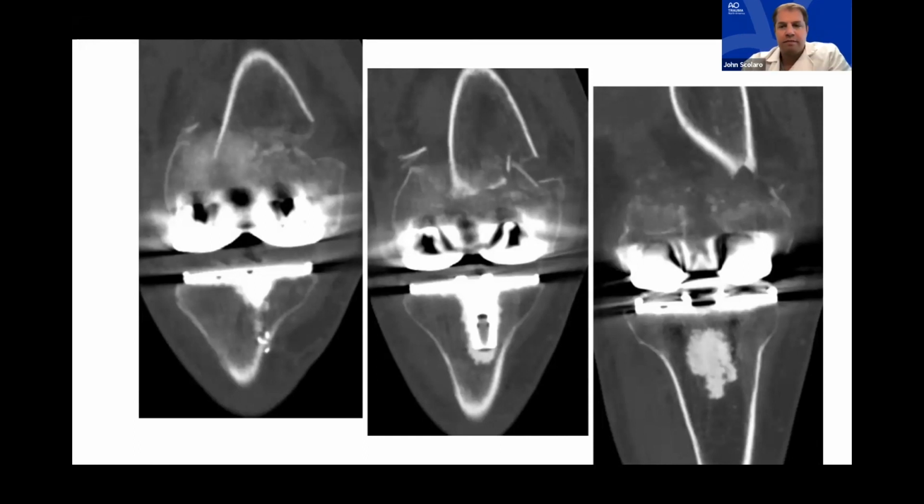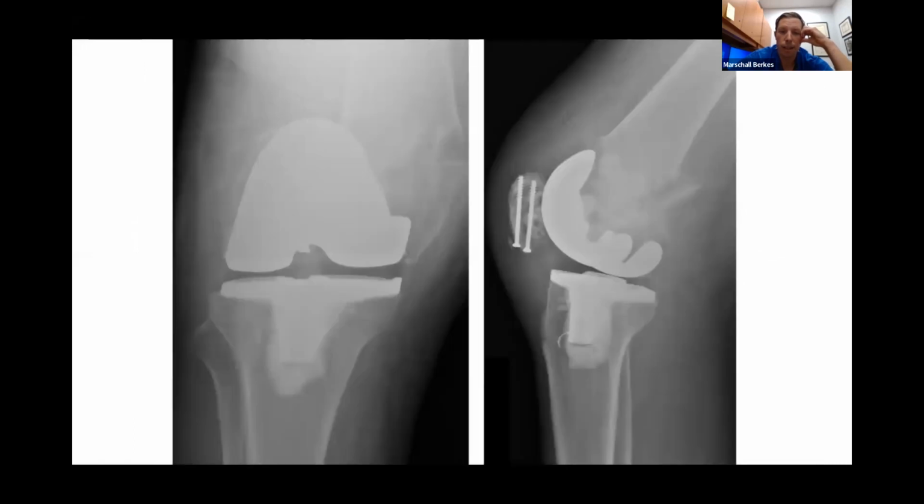Marshall, open box, what are you thinking? Are you with Justin here, or are you going to stick with your plate nail? Well, first of all, I agree with your comment. I think the CT is helpful to evaluate the fracture pattern, but anything with regards to the prosthesis is not very clear, whether it's an open box or closed box.